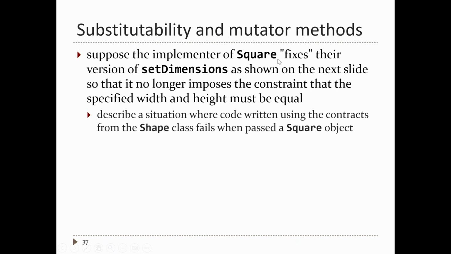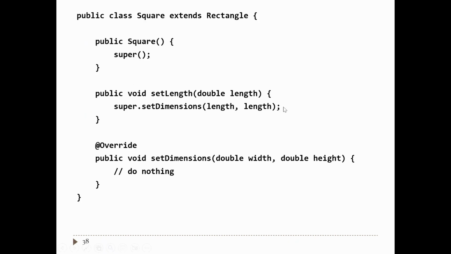So suppose you try to fix it again. Instead of trying to do something in set dimensions, we're just going to do nothing. In other words, we're going to ignore both the width and the height. And instead, we're going to say, if you want to change the size of this square, you ought to use set length. This introduces a second problem.